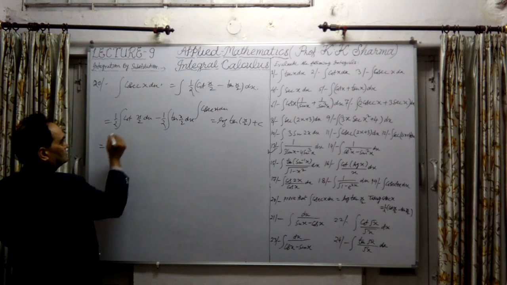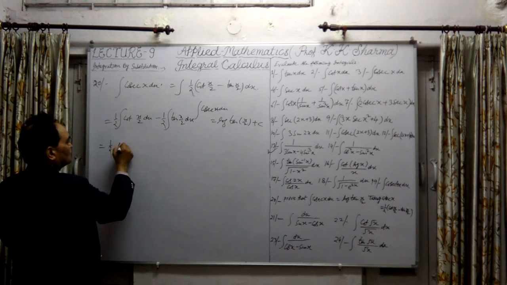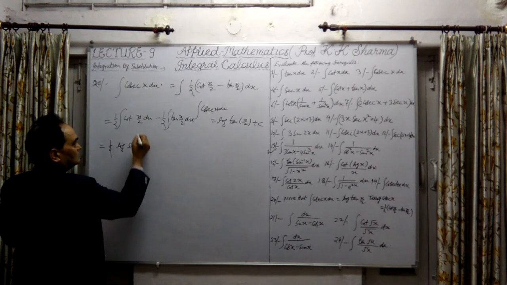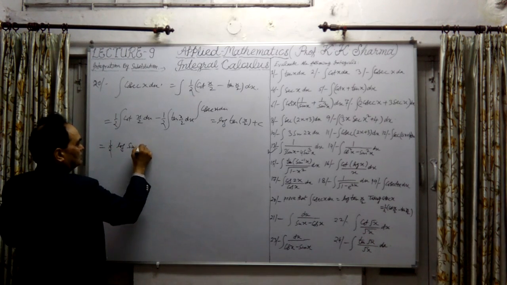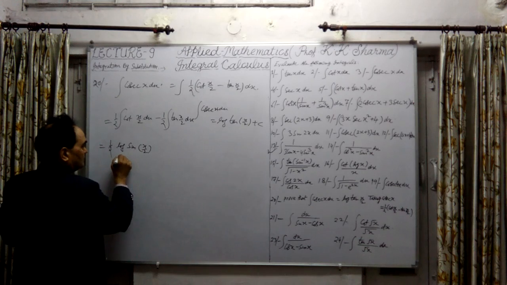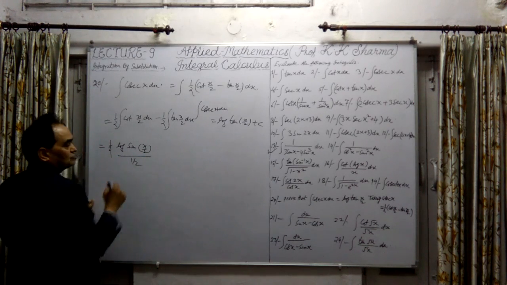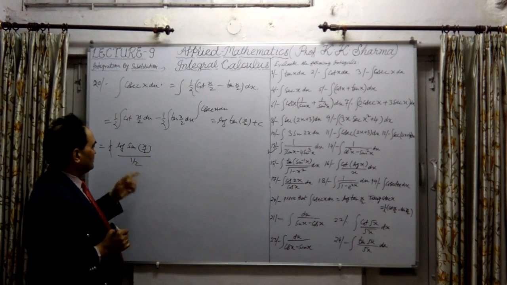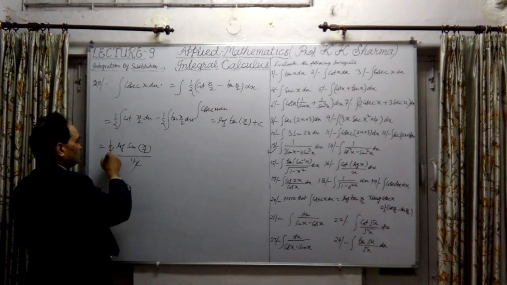Let me integrate this. It will be the integration of cot. We know that this is log of sin x, where sin x means the x by 2 angle. Now divided by 1/2 because the coefficient is 1/2 here. This 2 will be cancelled out.